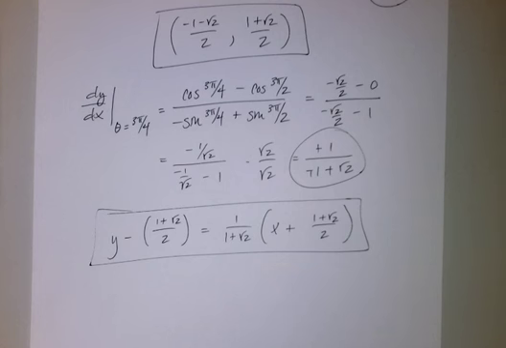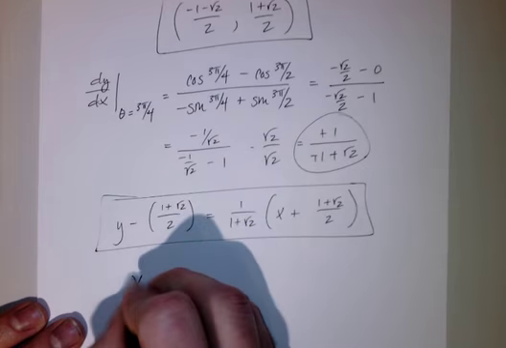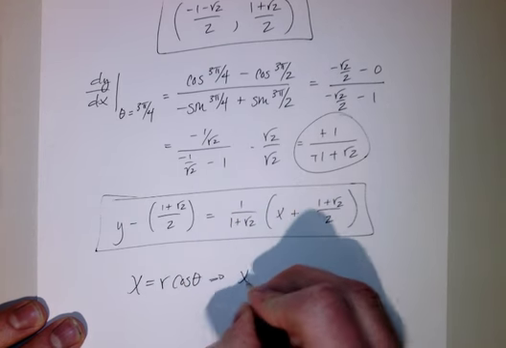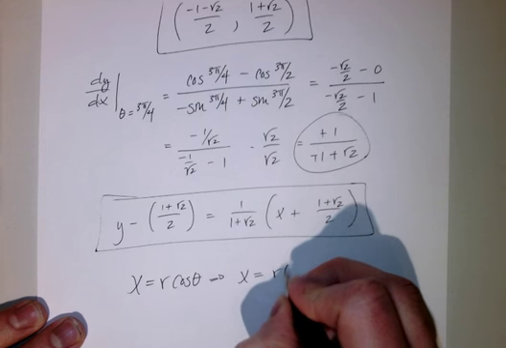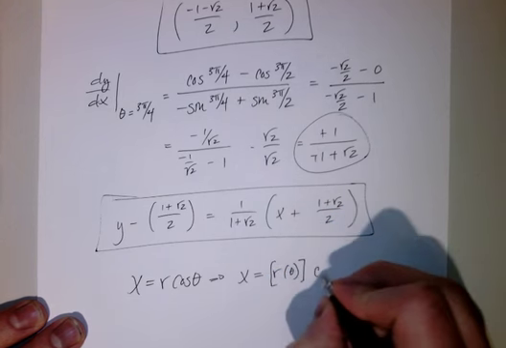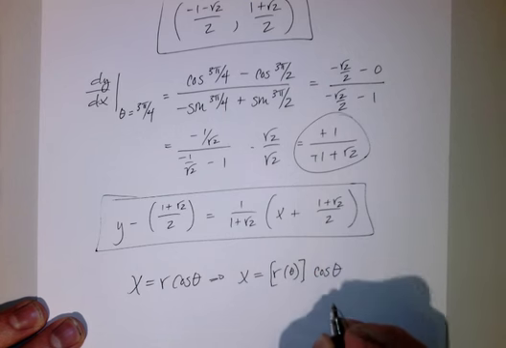So all you really have to do in finding the equation of a tangent line in x and y is just remember that x is r cosine theta, which basically transforms it into x is equal to r of theta as a function instead of as a number that we're used to dealing with, but it's the same principle.